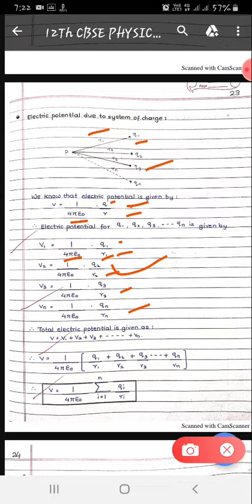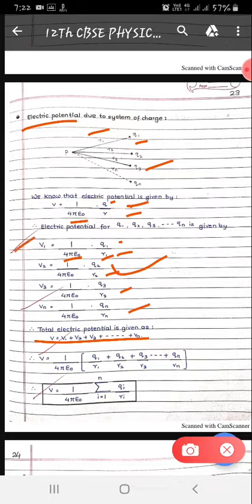But as I said, electric potential is a scalar quantity. So we can add the electric potentials produced by all individual charges by algebraic sum. The total electric potential V is the algebraic sum of all the individual electric potentials produced by all the individual charges.